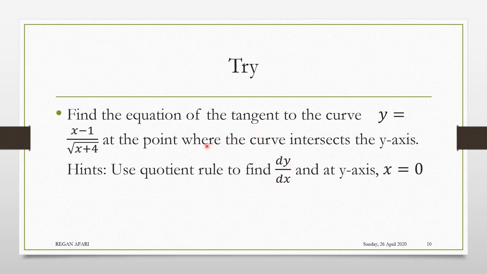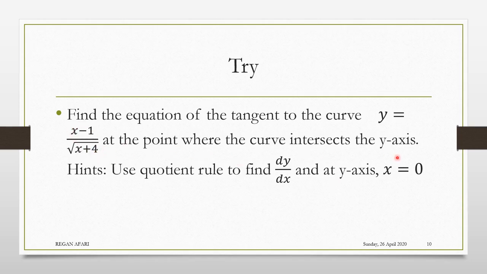Now another thing in the question is that the curve is cutting the y-axis. So the clue is that at the y-axis, x equals 0. So when you differentiate and find your dy/dx, just substitute x equals 0, and then you'll be able to find the gradient.